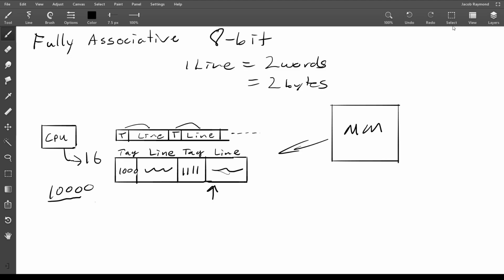So on one hand, we have direct mapping, right? It's cheap to make, essentially, because that whole process can be done very, very easily, but not necessarily as efficient, because we might be just constantly replacing things in the cache, right? Not as efficient.